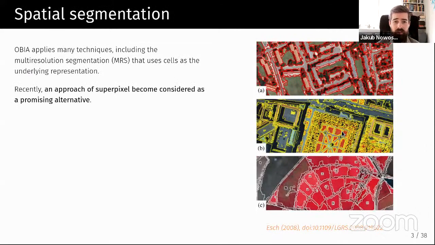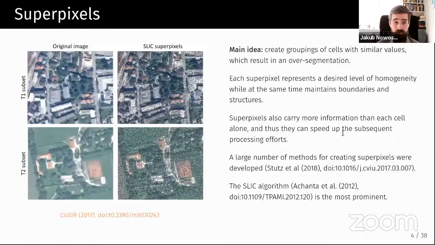There are many techniques to do so. One of the techniques very often used is called multi-resolution segmentation, and you can see some examples of this segmentation on the right. But quite recently, more and more applications have been using an alternative approach of so-called superpixels. With superpixels, the main idea is that we first try to do so-called over-segmentation.